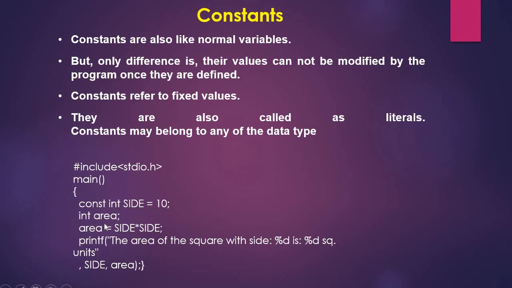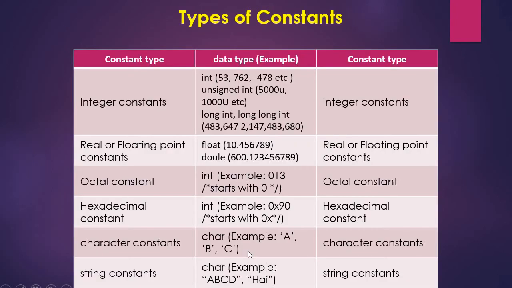That means area can have different values according to the calculation side into side. Initially area will have 10 into 10, 100. Then we are going to print the value of the area, and of course side is also mentioned here.